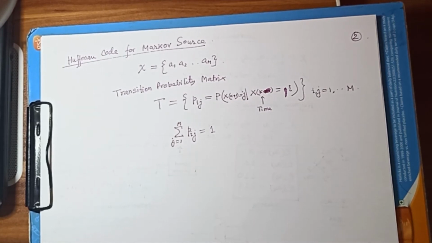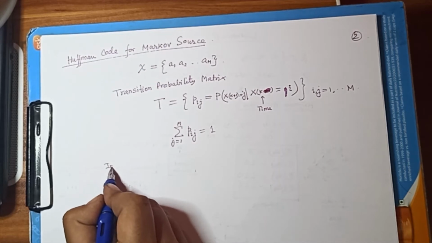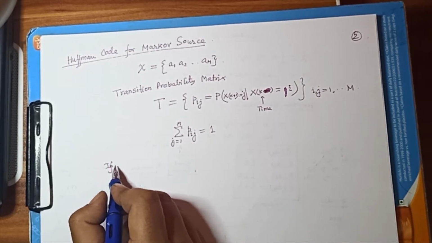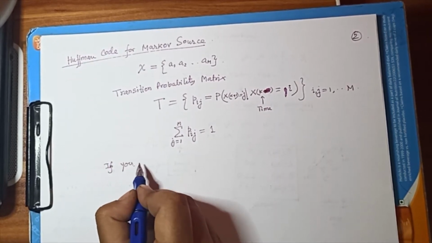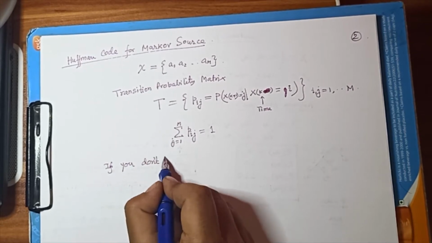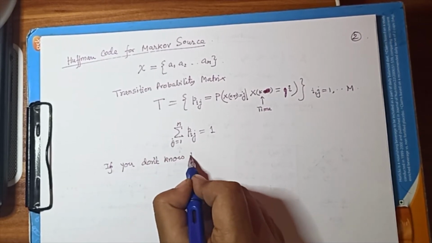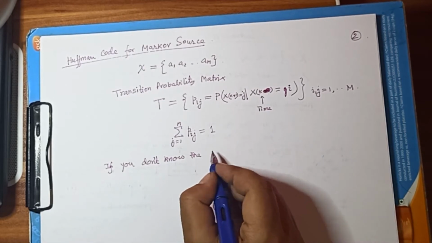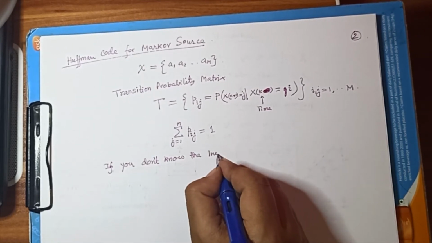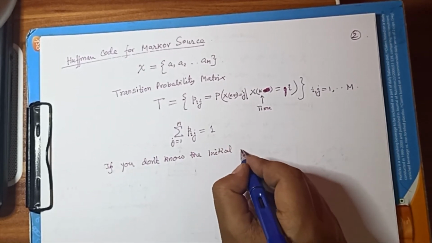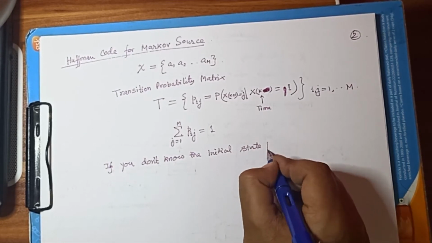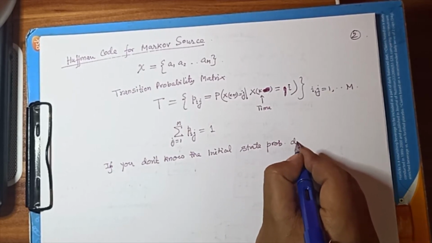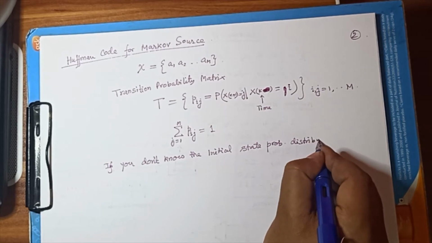Then the scheme is as follows. Suppose you do not know the initial state probability distribution, then how can you start?